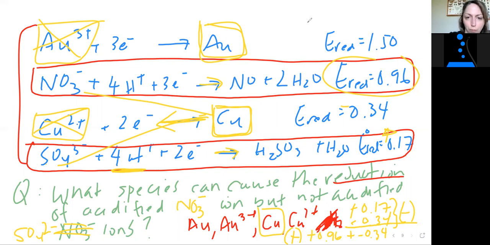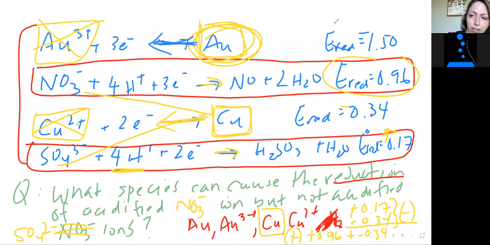In terms of the gold, I hope what you would say is: what could gold cause by being oxidized, going in this direction, by flipping the sign? Let me make sure I got that right. Yep, 1.5. Gold does not want to be oxidized at all.